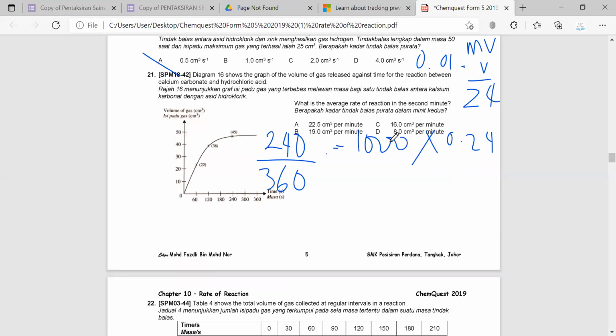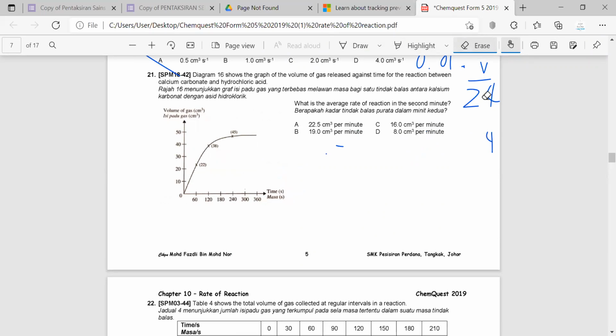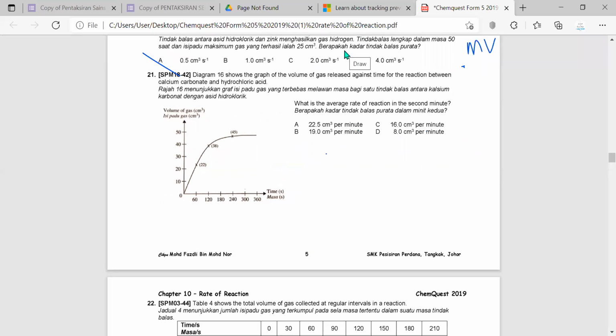Okay, this is another kind of question. What is my average rate of reaction in my second minute? This is different: in the second minute. What do you understand by the word in the second minute? 120. Is it 0 to 120, or what, Vin?